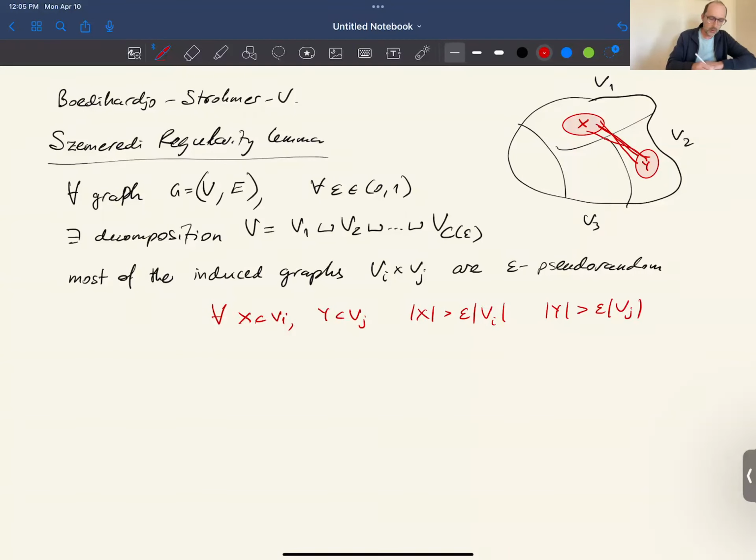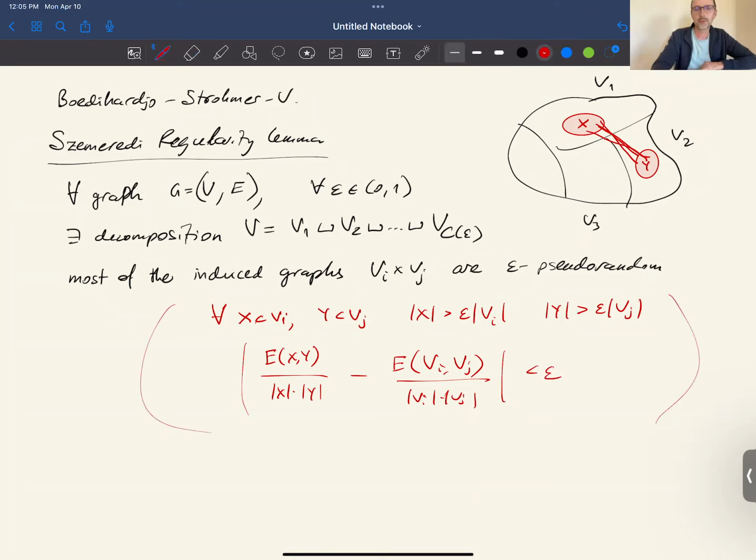So not too small. If you look at the number of edges, they will be proportional to the sizes of X and Y, and the difference is less than epsilon. So okay, this is kind of full disclosure on the Szemeredi regularity lemma. And most means that I'm excluding an epsilon proportion of the graph.